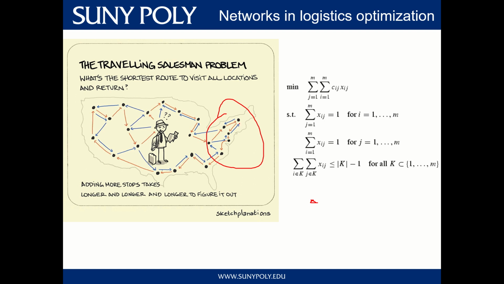Once the salesman visits that first node, there are five remaining, and then four, three, two, one. Therefore, the number of options, if there are only six customers, is 6 factorial, which is not that big, because six customers is a small amount.